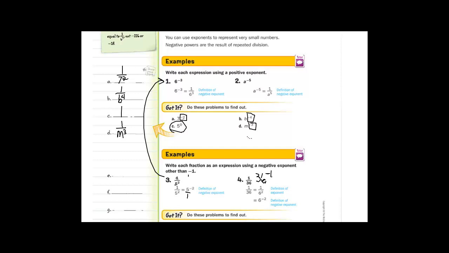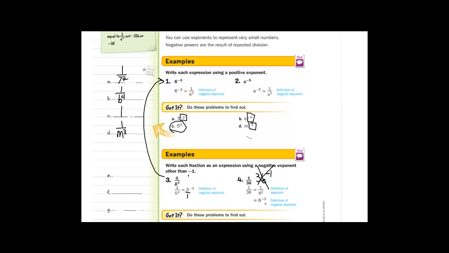So we have to write 36 as something else. So it does not want this. It says 1 over 36. Now you can break 36 down into 6 squared. So instead of 1 over 36, it would be 1 over 6 squared, right? That would be something times itself to get 36. 1 over 6 squared, so whenever you do the reciprocal of that one, you now have 6 to the negative 2.